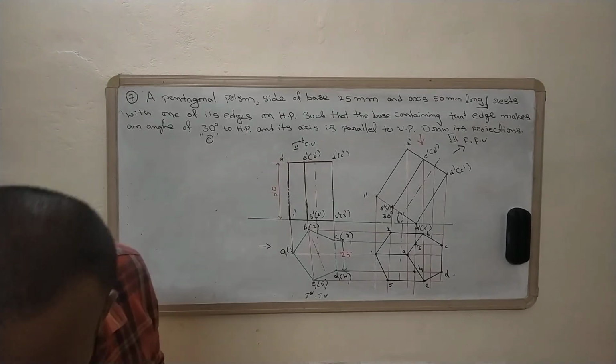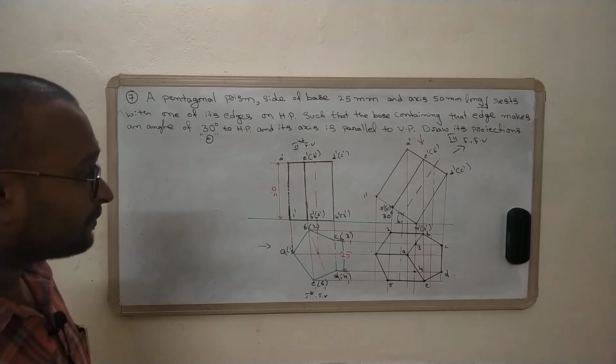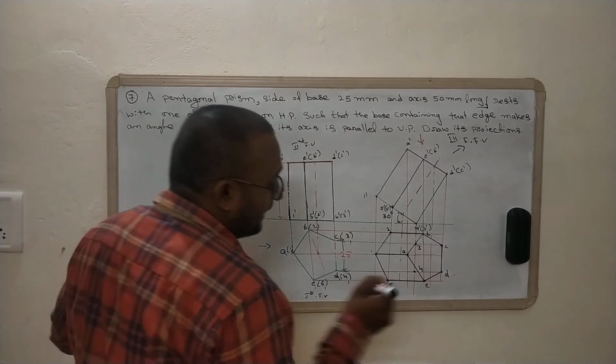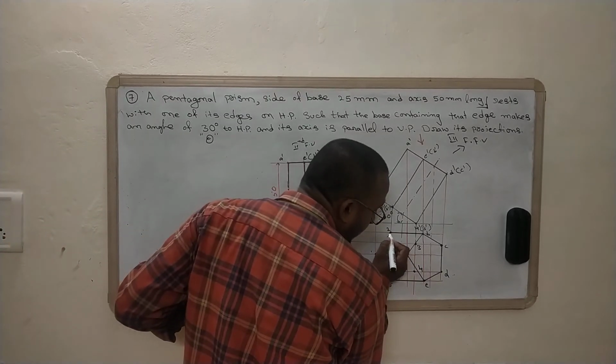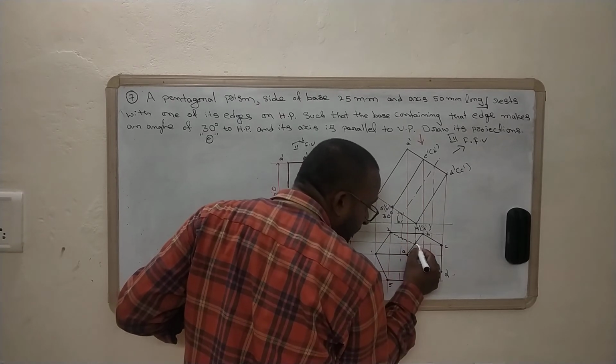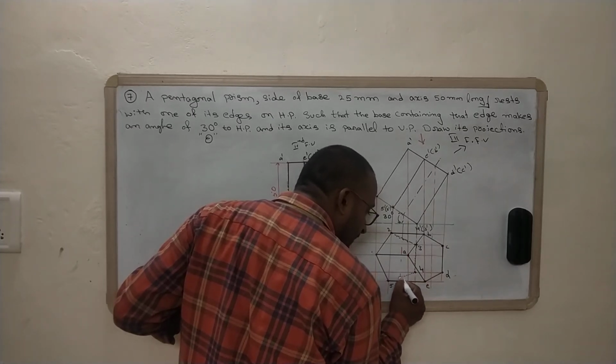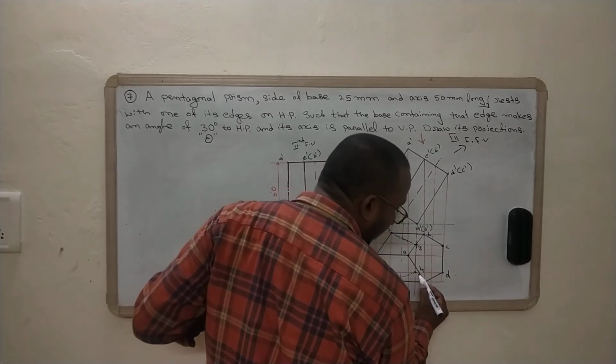So the remaining lines, that is hidden lines, must be drawn with dotted lines. That is 2 3 line is a hidden line, 3 4 line is a hidden line, and then 1 5 line is a hidden line.